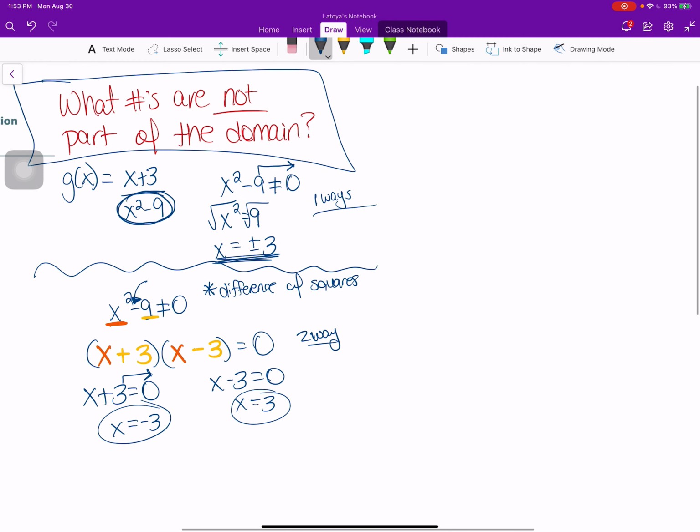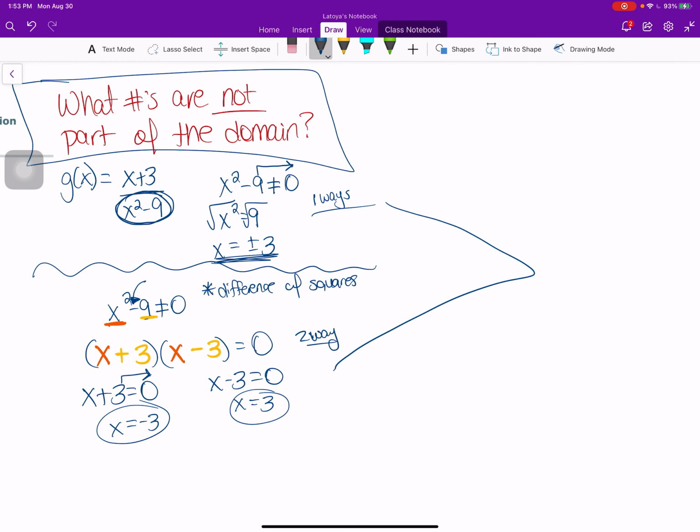So let's scroll over. How do I represent the fact that my domain consists of all numbers except for negative 3 and 3? Well, in interval notation, I would write that by saying that I'm starting at negative infinity. And let me erase this just a minute.